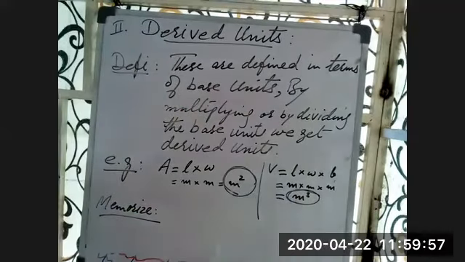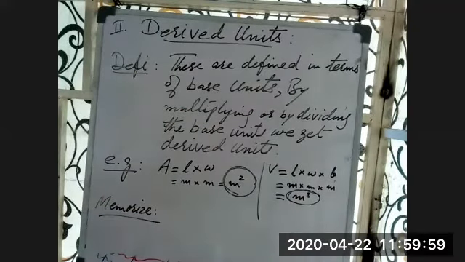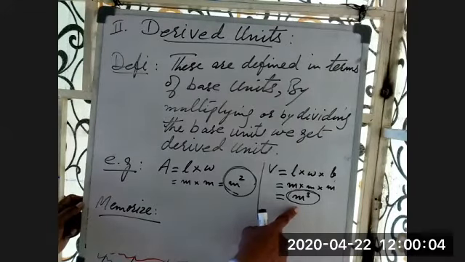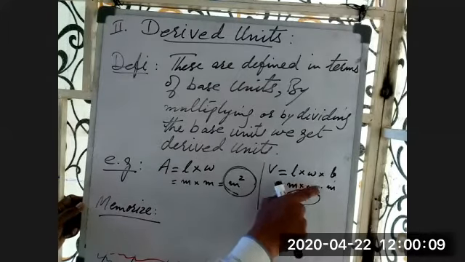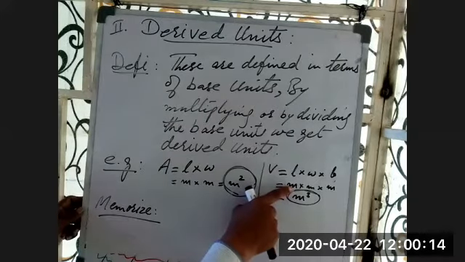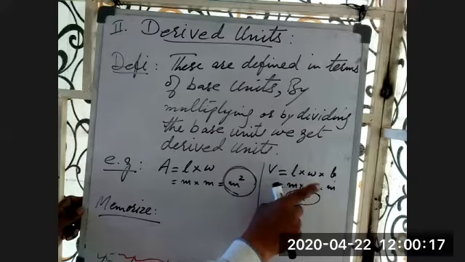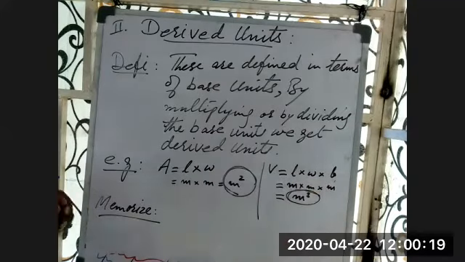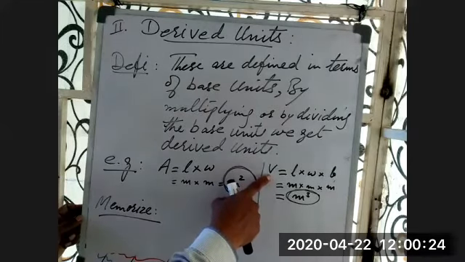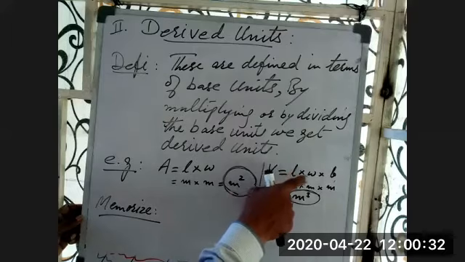So m cube is the unit of volume. M cube is a derived unit and it is formed with the help of base units. There are three base units: first base unit for length, second for width, third for breadth. So volume is a derived quantity. Why? Because it is derived from base quantities.